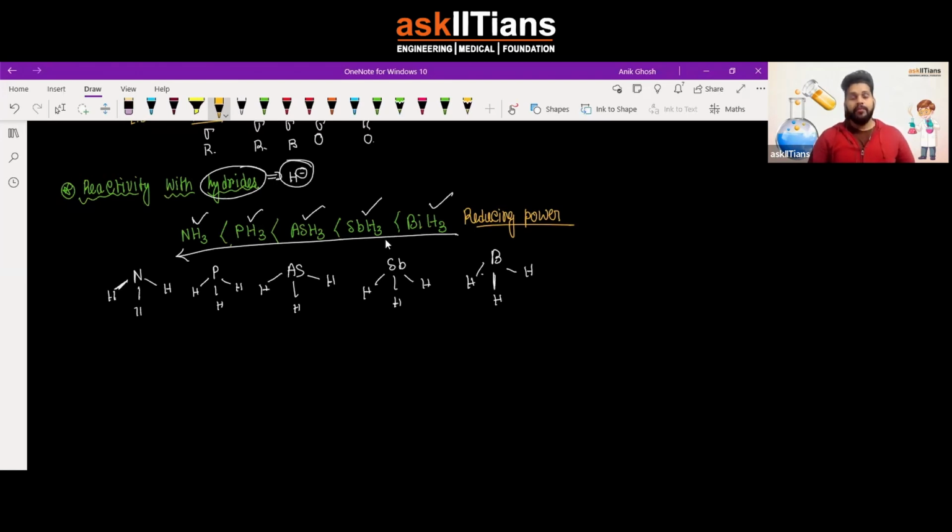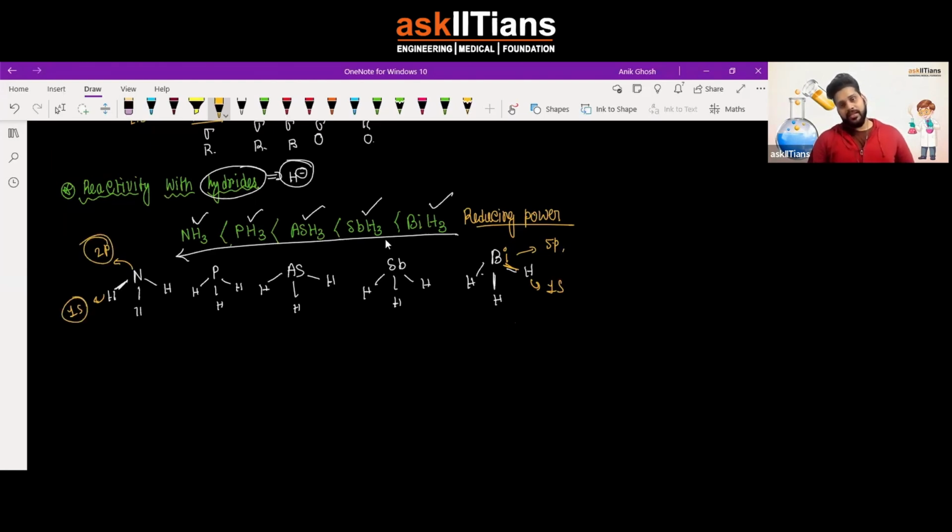The same thing. Because, guys, reduction or reaction means bond breaking and bond making. When we talk about that Bi and hydrogen bond, hydrogen is using its 1s orbital, whereas Bi is using its 6p orbitals. Whereas nitrogen over here is using its 2p orbital, and hydrogen over here is using its 1s orbital.